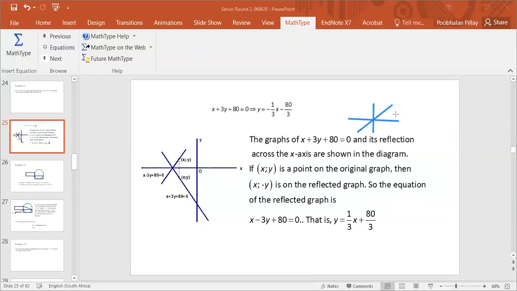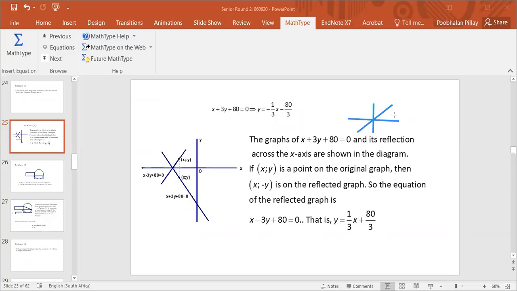Now when you reflect a point across y equals x, a nice thing happens. If I got, say, 2, 3, and I reflect it across this line, the 2, 3 becomes 3, 2. You switch the roles of x and y. Remember that when you're reflecting along the line y equals x, this happens very often.